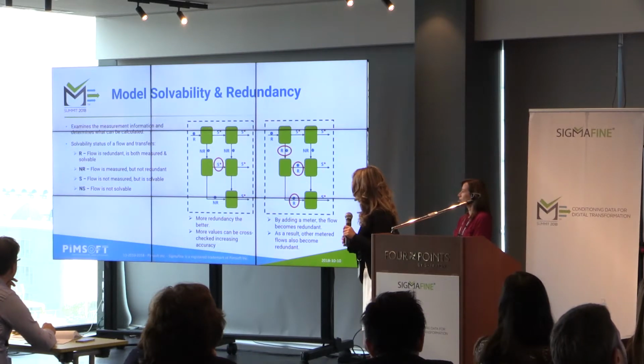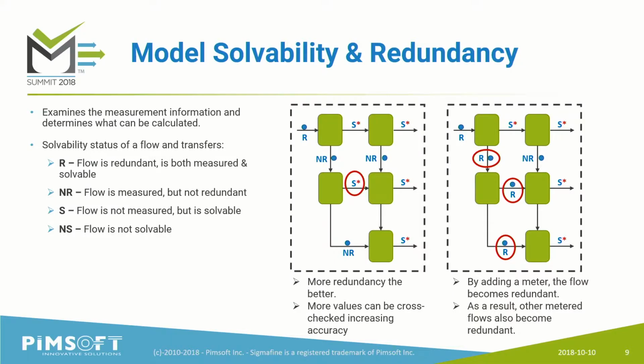Sigmafine first examines the measurement information available in the model, and then determines which other ones can be calculated from this data. This is called solvability. This solvability is calculated for flows and transfers, and in this first step Sigmafine assigns this naming.